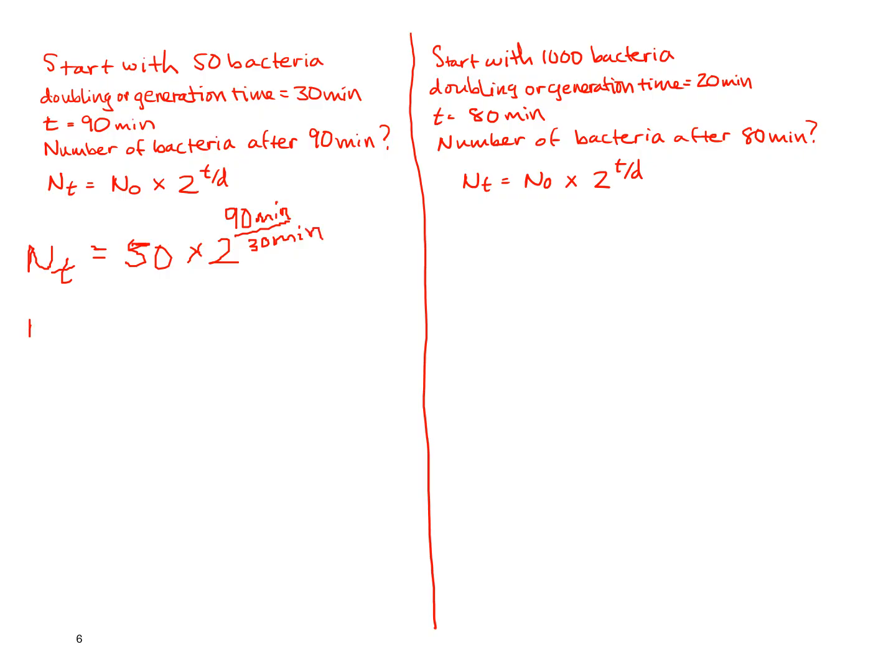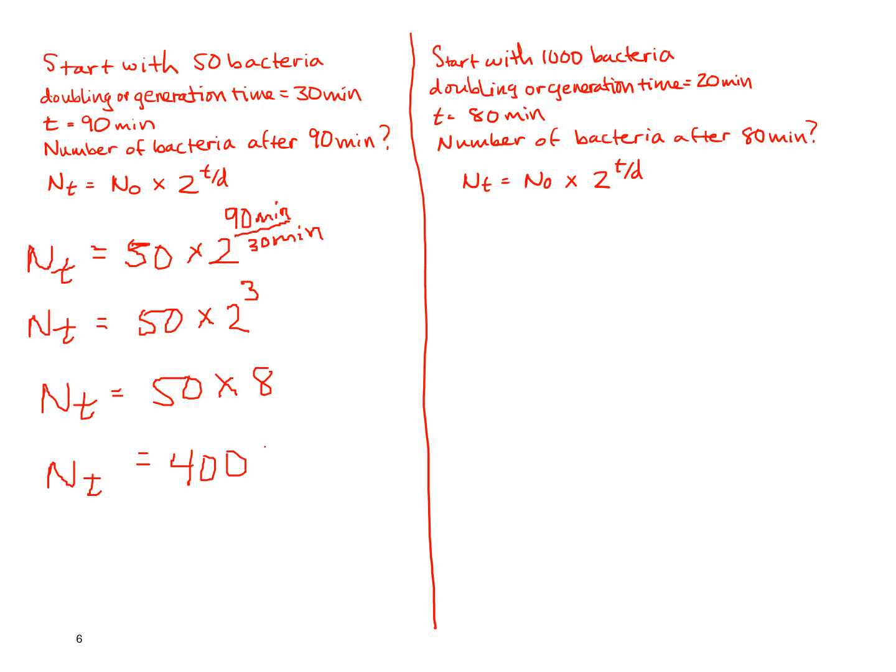So we're just going to rewrite this, and it's 2 raised to the power of 3, and 2 raised to the power of 3 would be 8. So our answer is we would have 400 bacteria after 90 minutes if we started with 50.